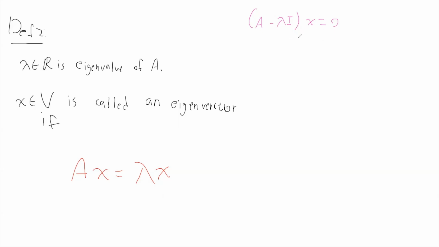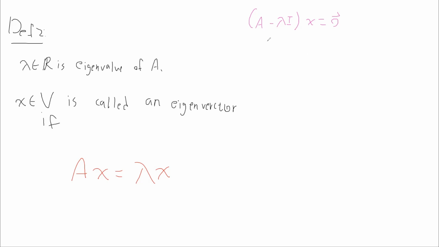A minus lambda I times x is equal to the 0 vector. So what we have here is that lambda is our eigenvalues and x is our eigenvectors.